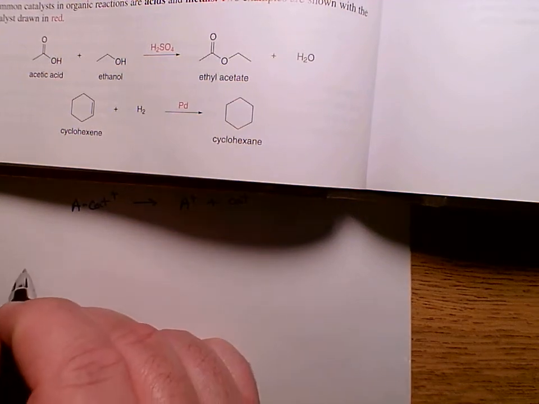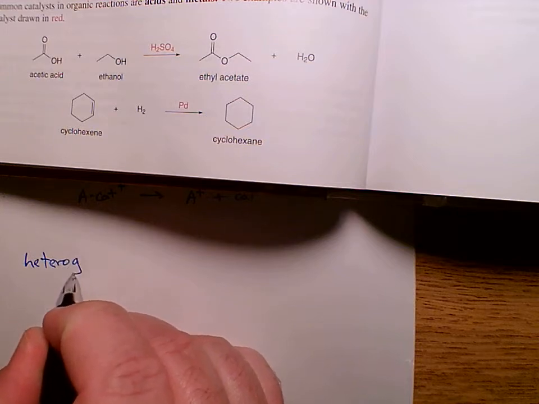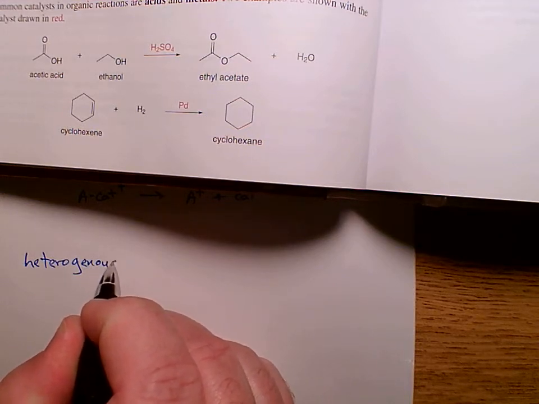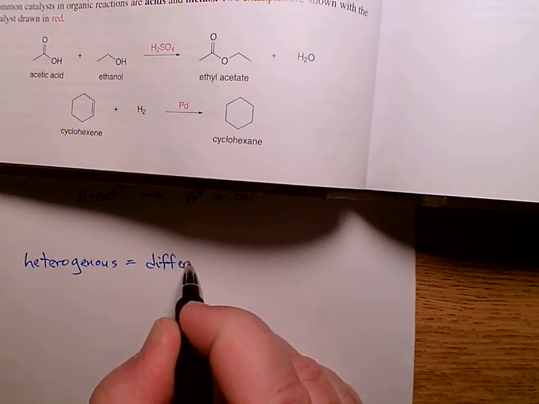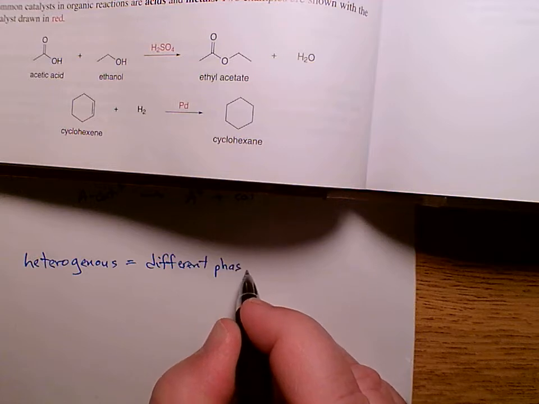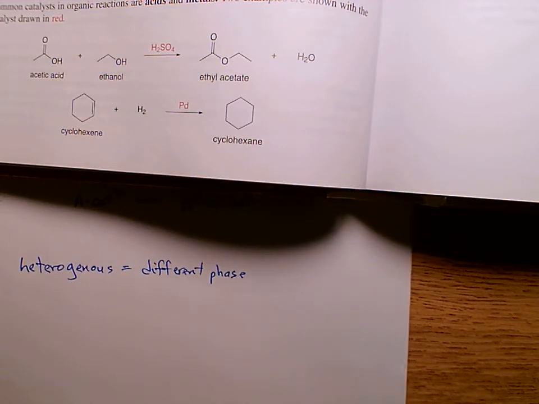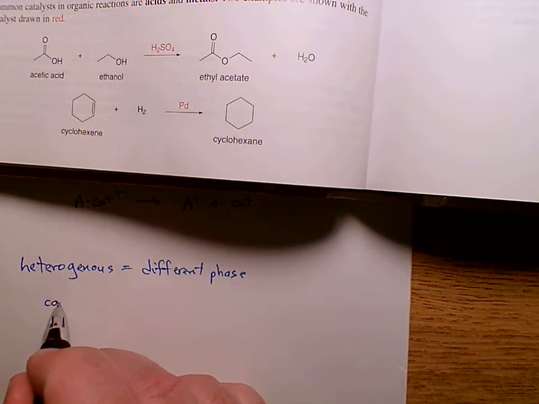You also have heterogeneous catalysts, where the catalyst is in a different phase. And this is most often the case when our catalyst is a solid, and it provides a surface for the reaction to happen on.